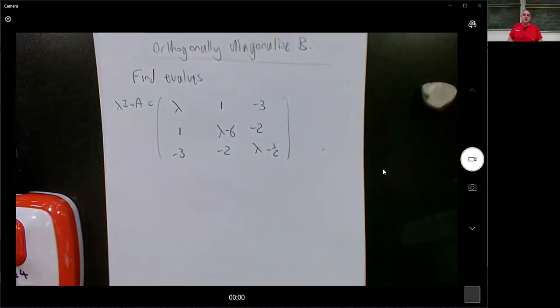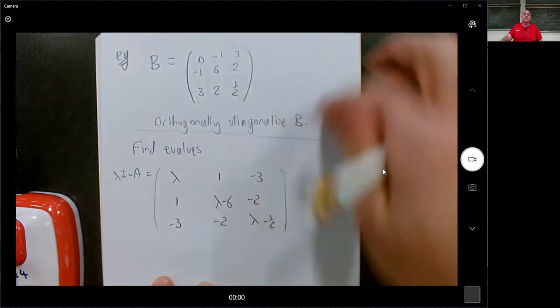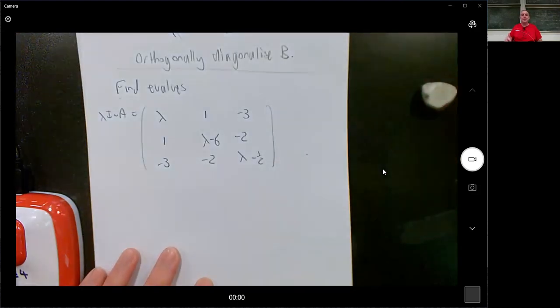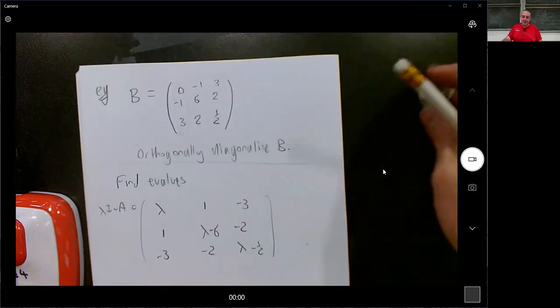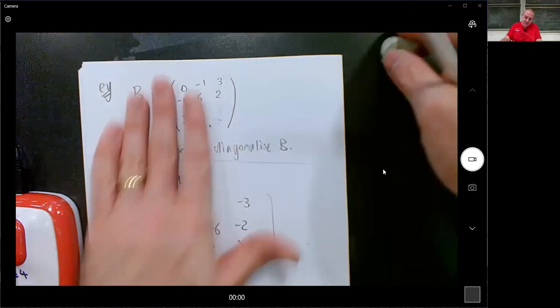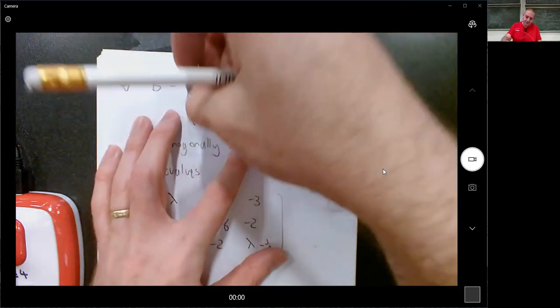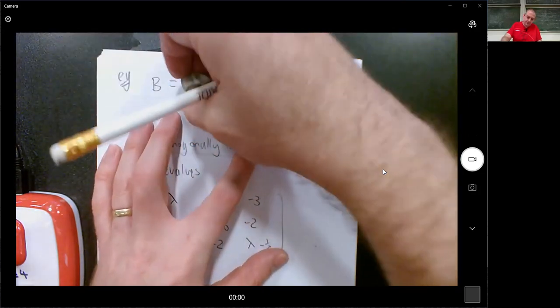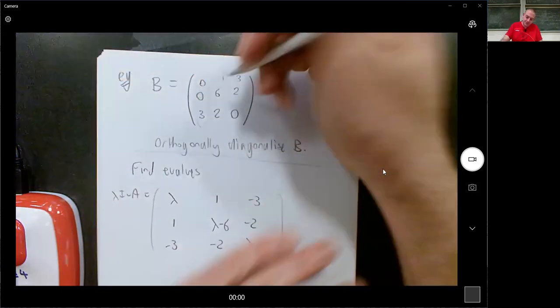Okay. It's lambda minus 0. I shouldn't have done this. I'm going to change the original matrix. Let's change it to this.